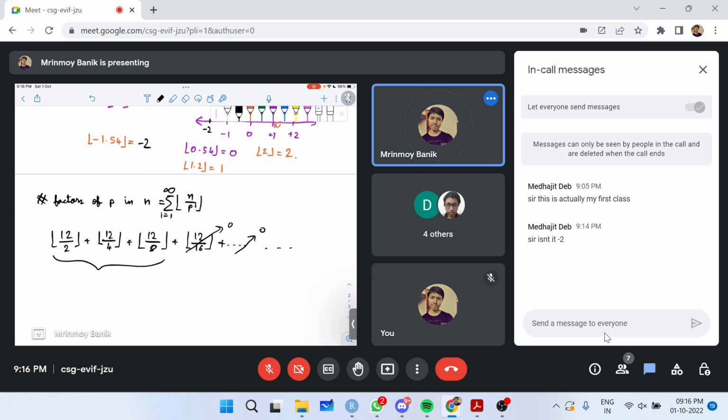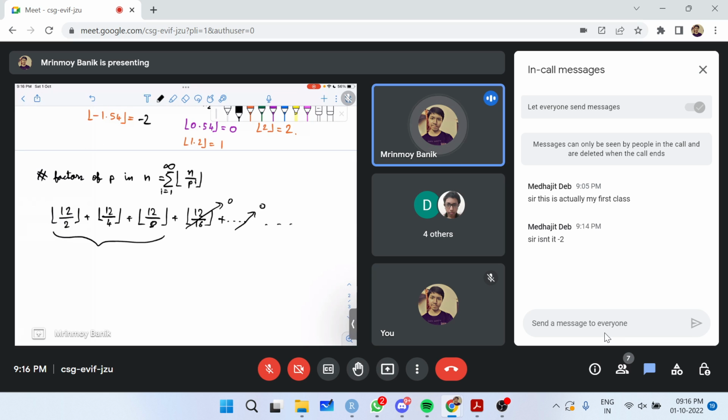So we can ignore the rest of the terms. So the first term is 12 by 2, it's exactly divisible by 2, it's 6. And 12 by 4 is 3. And this is not exactly divisible, it's 1 point something obviously, and after taking floor we get 1. So it's 3 plus 6 plus 1. So it's 10.